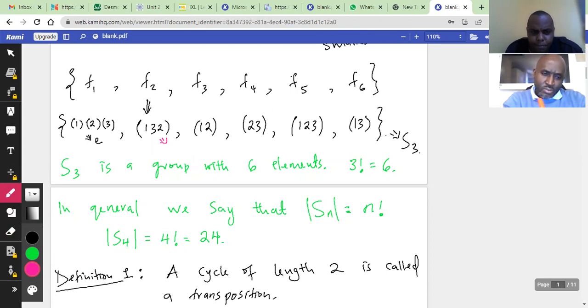It's not the number of elements. It's the number of times you compose it by itself to get the identity.